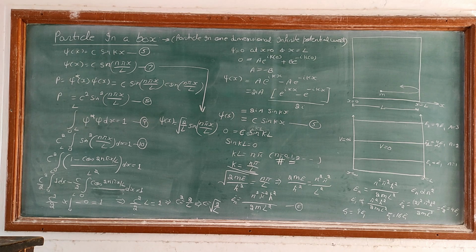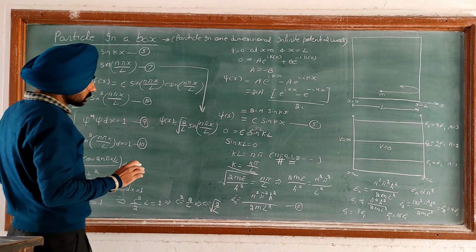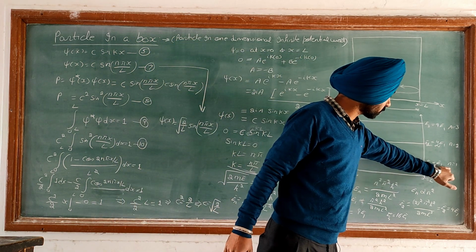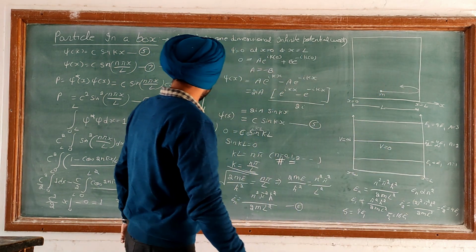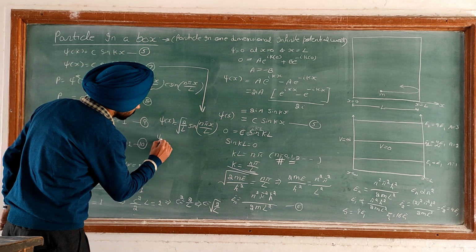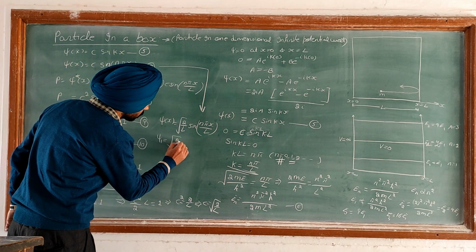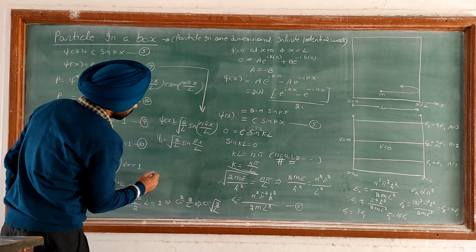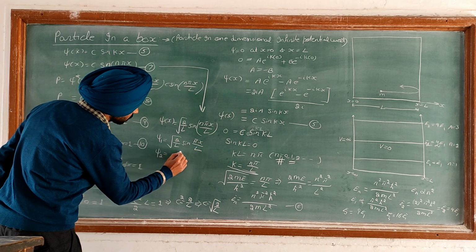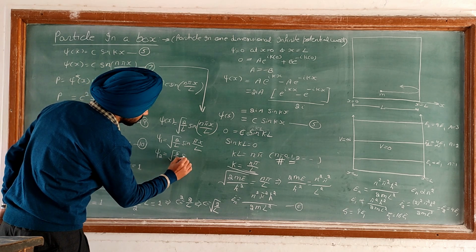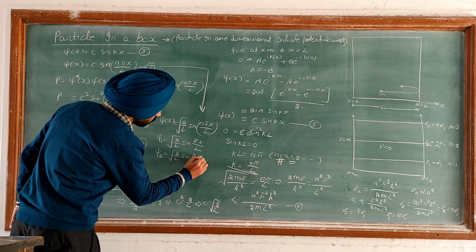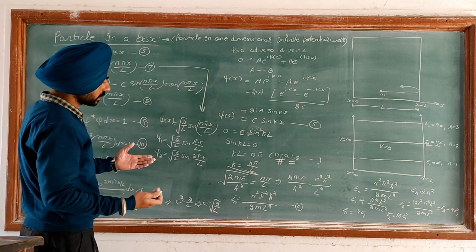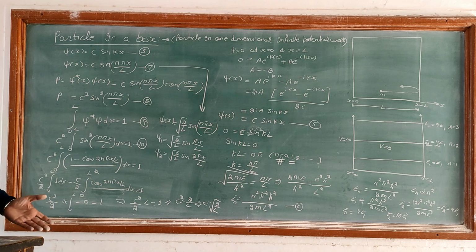That means the wave function of the particle corresponding to n equal to 1, with energy value E1, is psi 1 equal to square root 2 by L sine pi x by L, and corresponding to n equal to 2 it is psi 2 equal to square root 2 by L sine 2 pi x by L. I am substituting n equal to 1, 2 and 3.